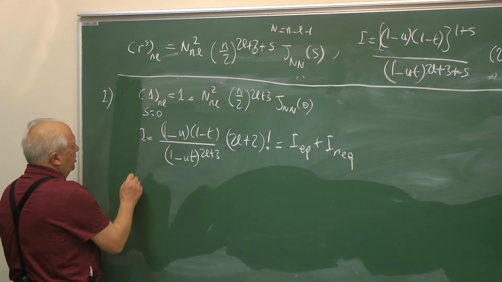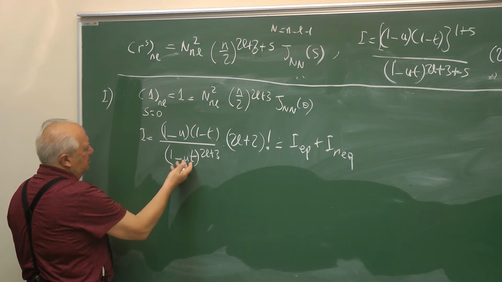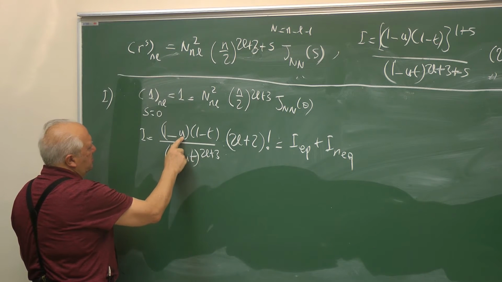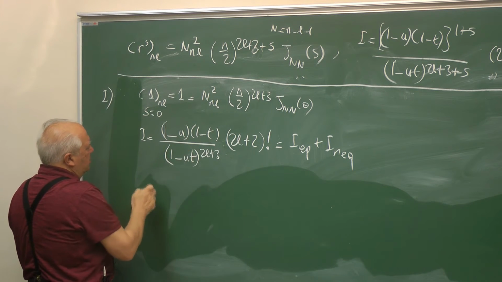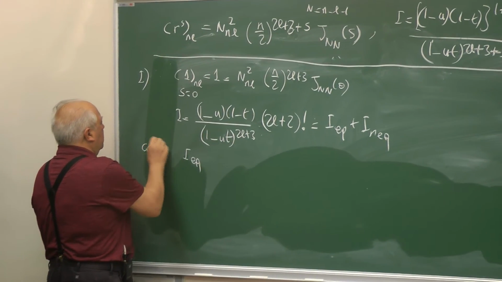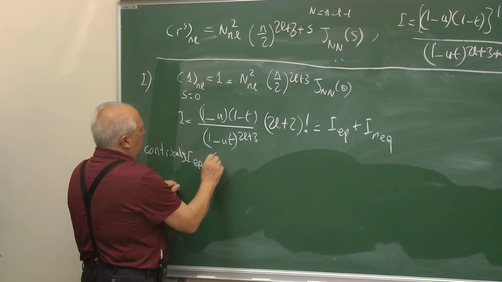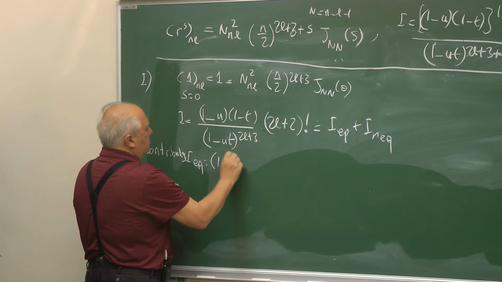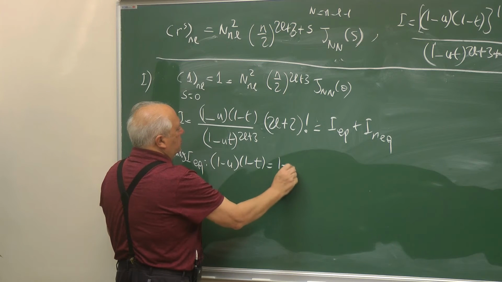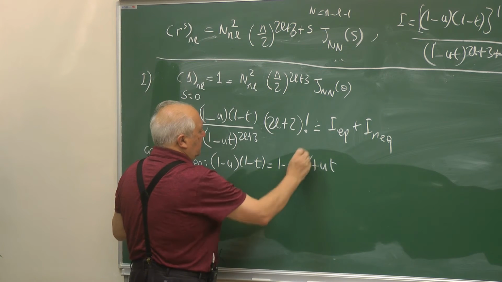So this is already in U and T, and we expand it, it will be in equal powers of U and T. But this one is not, because this has U and this has T. So the terms that are contributing to I: (1 minus U)(1 minus T) is equal to 1 minus U minus T plus UT.